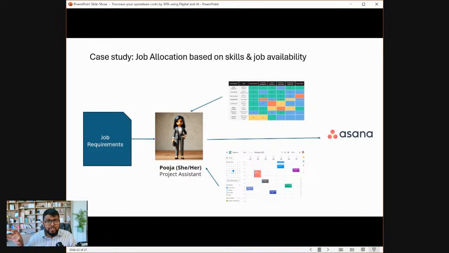Who in our organization has these skills? It gets that list, checks the availability in the calendar, and once it identifies availability, builds a team and allocates the resources. They use Asana for their project management, so it sends all of that information, assigns tasks, and allocates them to the right people, making sure that no one is overburdened, no one is being overused, and the right people are being assigned to the right type of job.